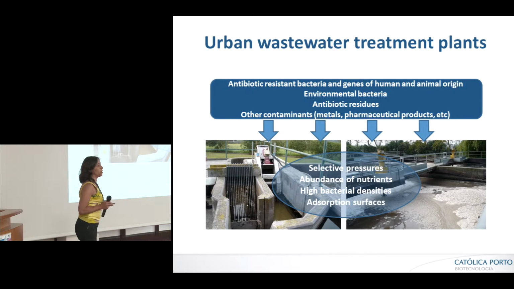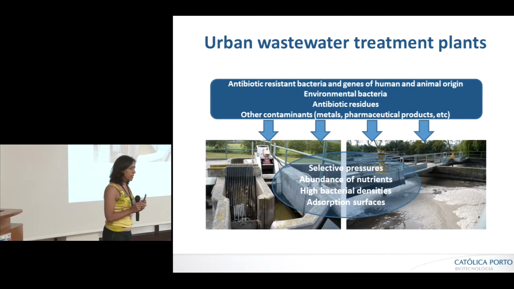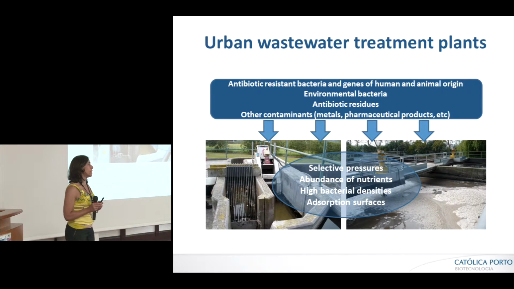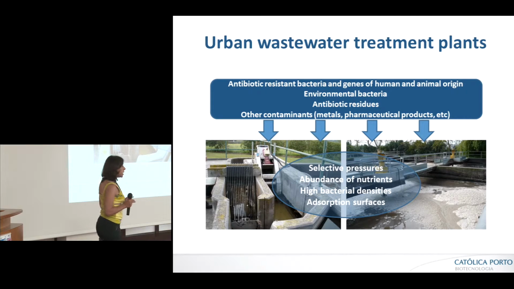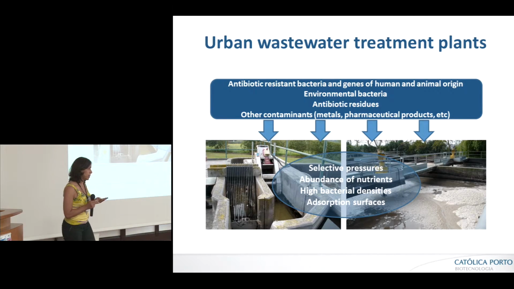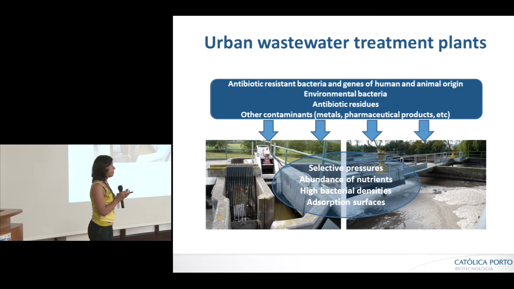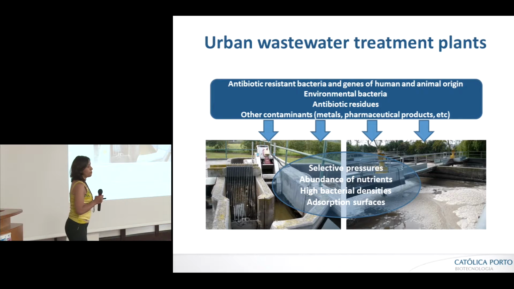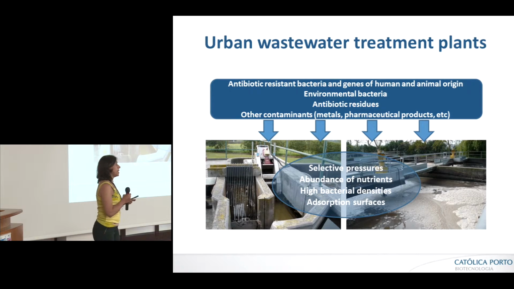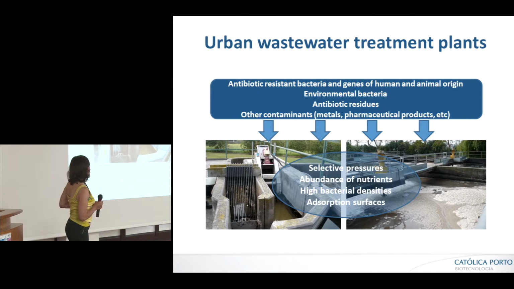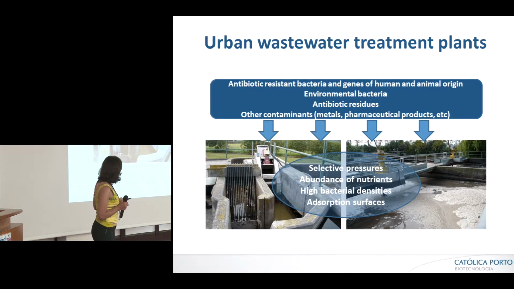Let's say a few words about wastewater treatment plants. Here we have the ideal conditions for antibiotic-resistant bacteria to spread and to proliferate. Why? Because very high doses of antibiotic-resistant bacteria from humans and animals are discharged here, coming from our houses, from hospitals, and from industry, even if they are pre-treated before being discharged into the municipal collector.